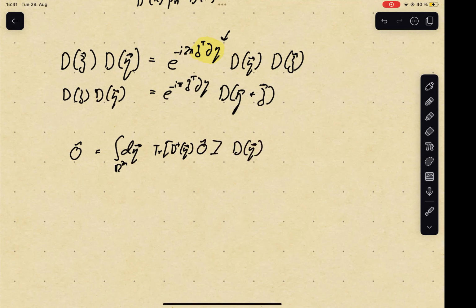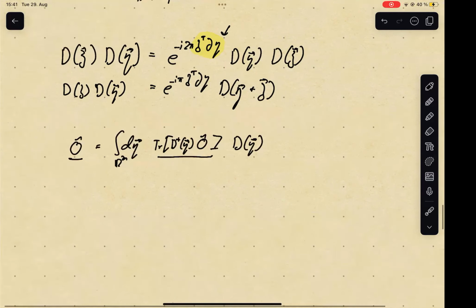So this is really one-to-one with the Pauli operator and the Bloch vector. You take the Hilbert-Schmidt inner product of the operator with the displacement operator, and you sum over all the displacement operators with that coefficient. And this reproduces the operator that you started out with.